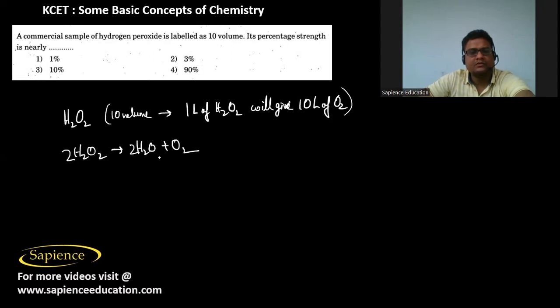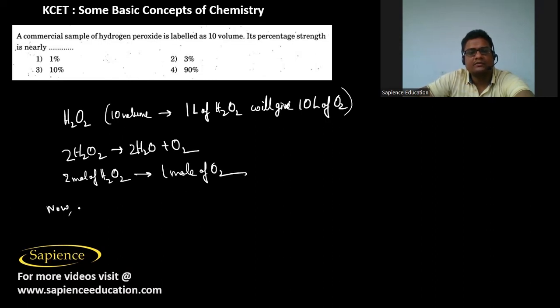Now 10 liter of O2 is formed. So the rule is that 2 moles of H2O2 will give 1 mole of oxygen.